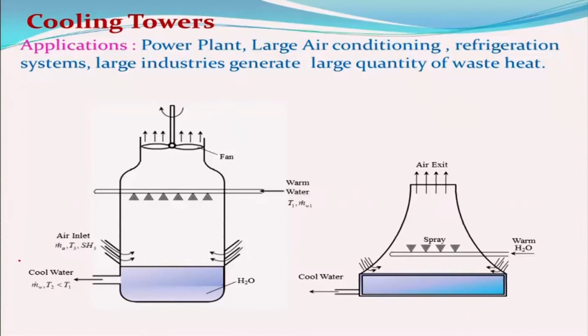A typical cooling tower looks like this. Warm water enters over here and produces the spray. That means the water will be sprinkled into droplets, the surface area will increase, so that evaporation will be enhanced. Then there is a fan which is being used, right?